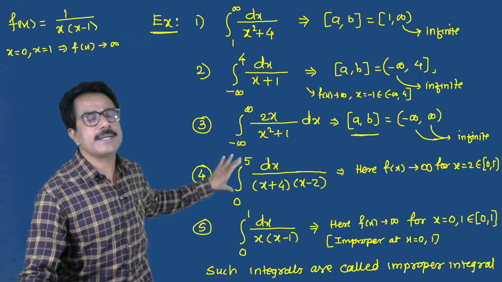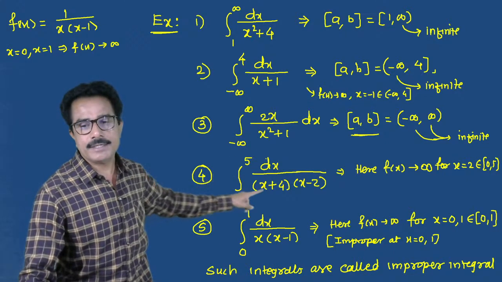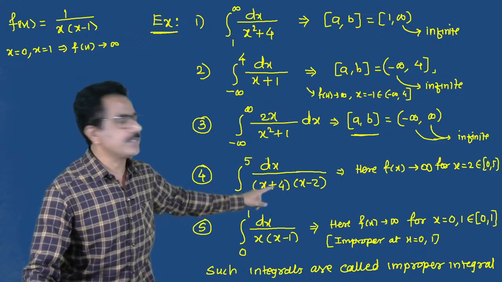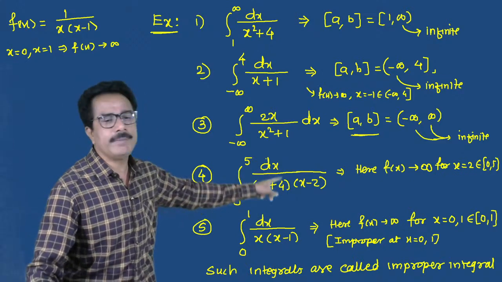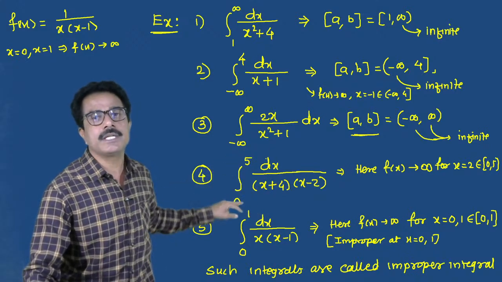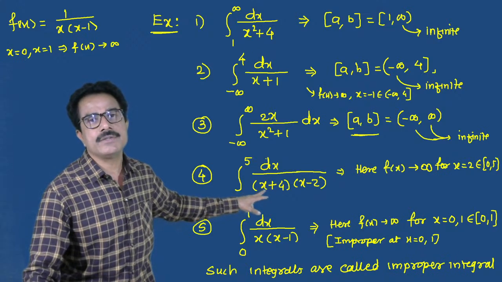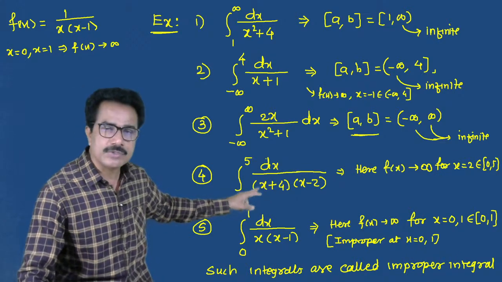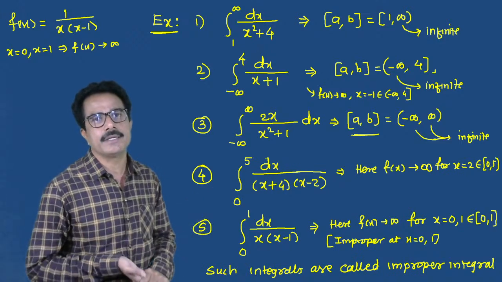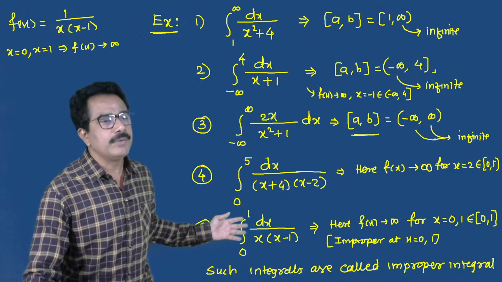In this fourth example, the lower limit and upper limit are both finite, but the function at x equals 2 is discontinuous, and 2 belongs to the closed interval 0 to 5. So f(x) is discontinuous at x equals 2, so this integral is also called an improper integral. Now we shall discuss how to find the solution of the improper integral.